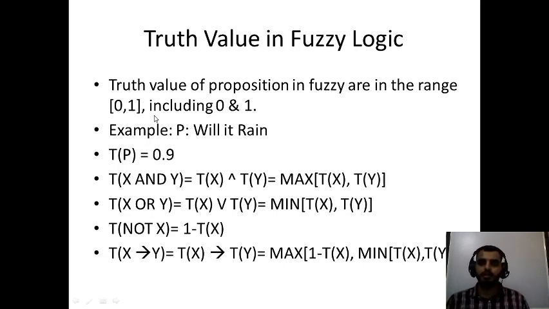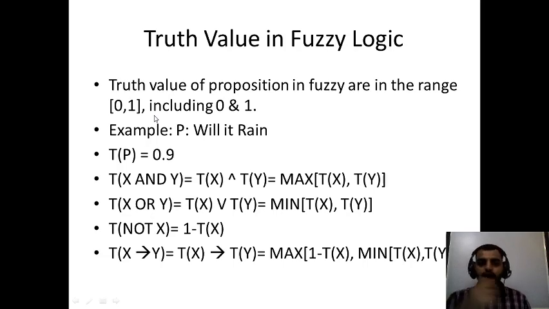This is how you make the reasoning. If a student is 0.5 good, it is obvious that he is 0.5 bad. If a student is 0.7 good, it means he is 0.3 bad, which includes 0 and 1. He can be completely good, he can be completely bad. In a condition I am speaking.